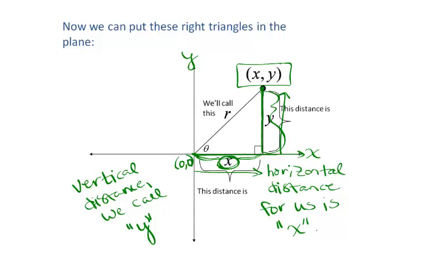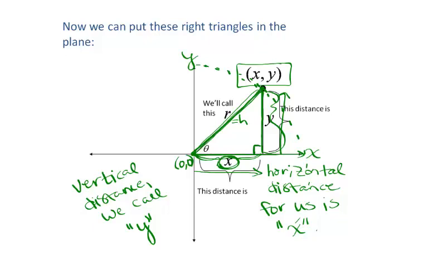Any straight line distance on a circle from the center of the circle to the surface of the circle, that distance is called the radius. That's where I'm getting r from. We have this imaginary circle in the plane with a radius of r, and you notice the way that I have my right triangle sitting in quadrant 1 in the xy plane, that distance is equivalent to what we have been calling the hypotenuse.